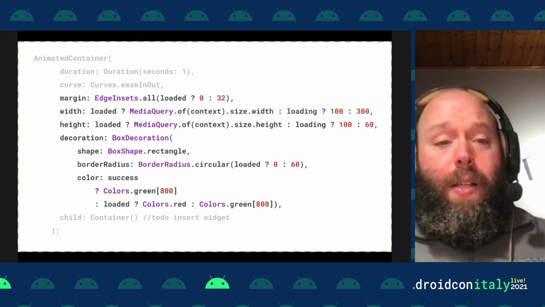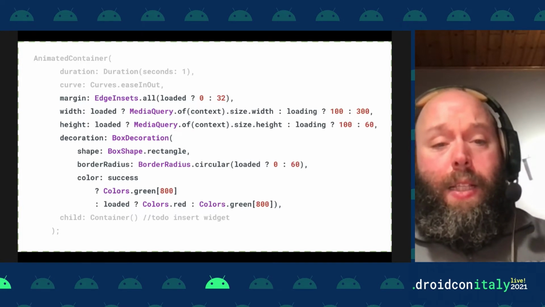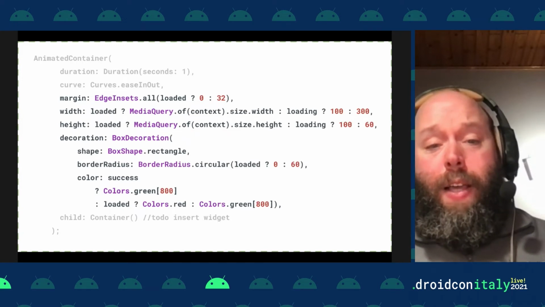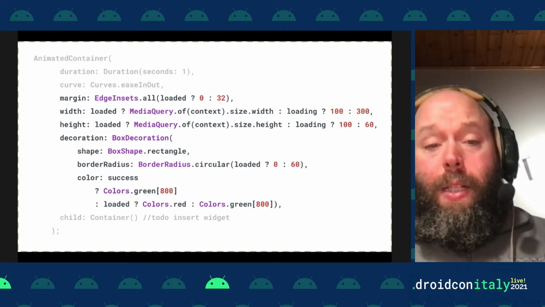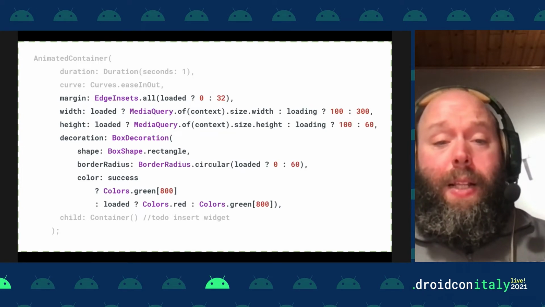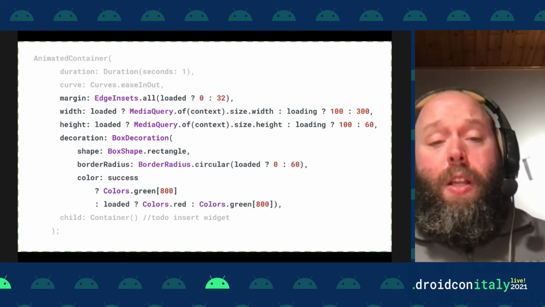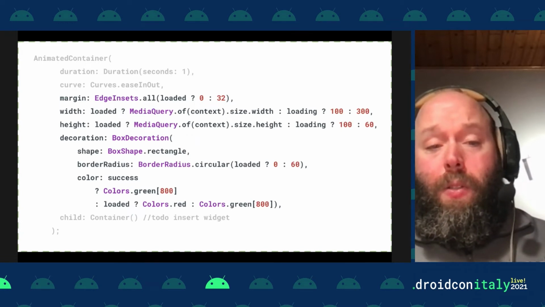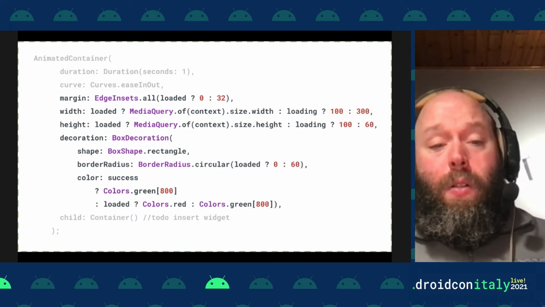And then again, this is true even for the height. And we have our decoration that defines the shape. In this case, the shape will stay the same. We just change the border of the button and the color.